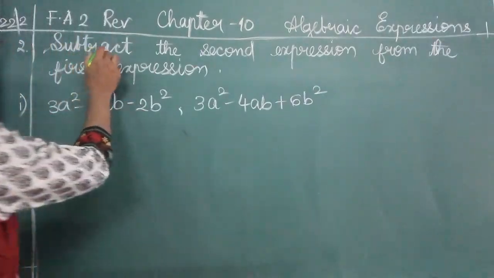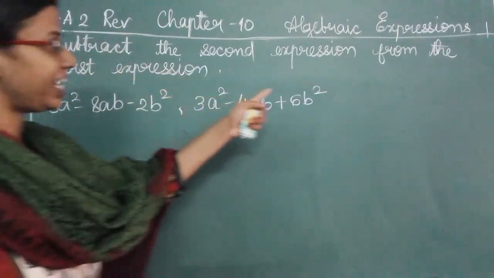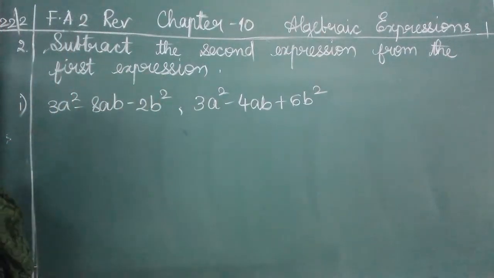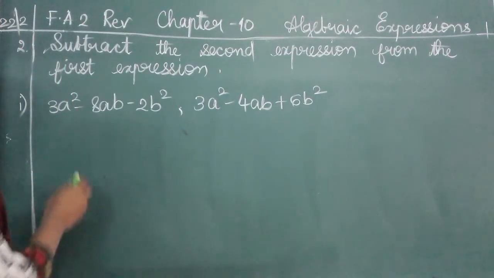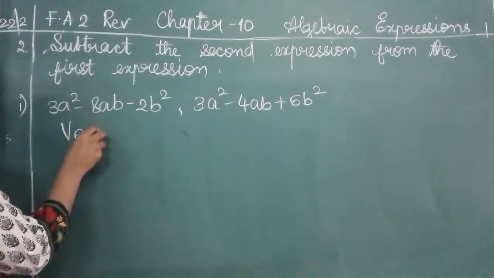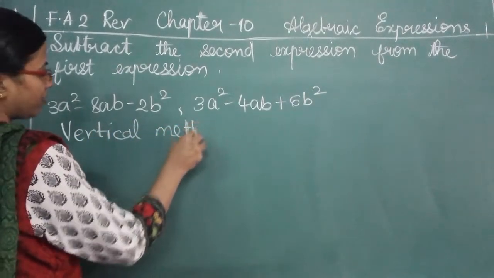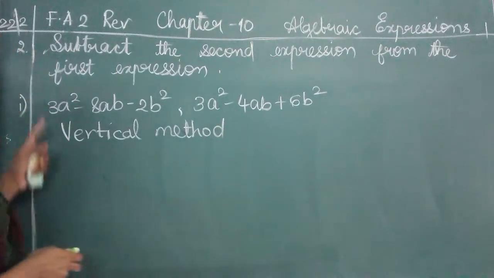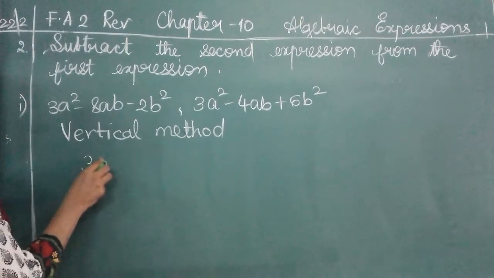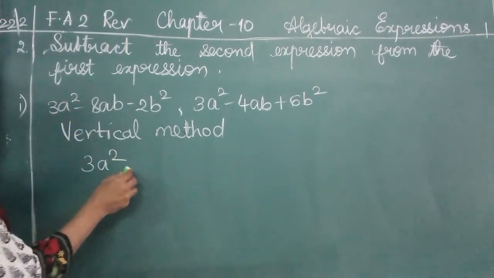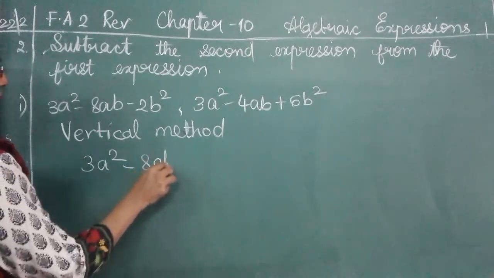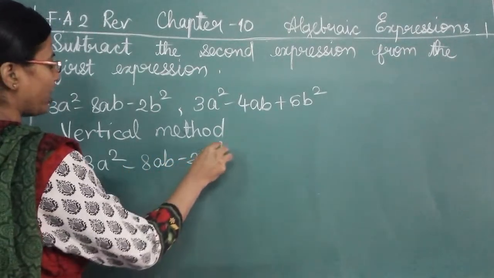Now let us do this. Subtract the second expression from the first expression. This is what we are going to do. So first let us use the vertical method to do this. Okay. So let's copy the first expression. 3a square minus 8ab minus 2b square.